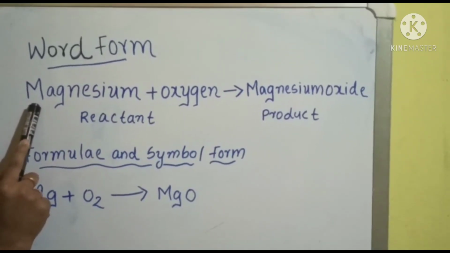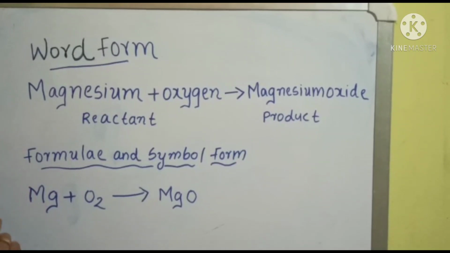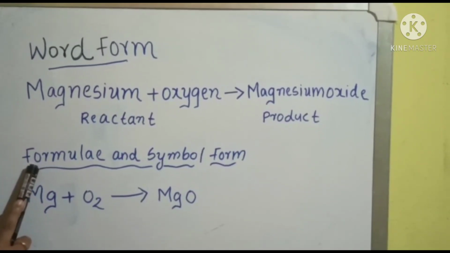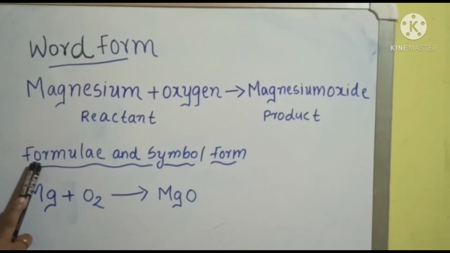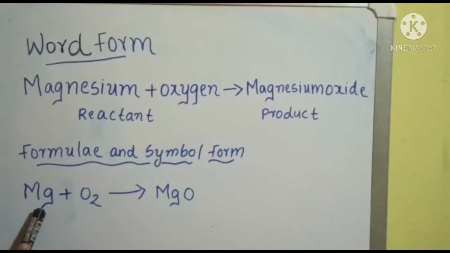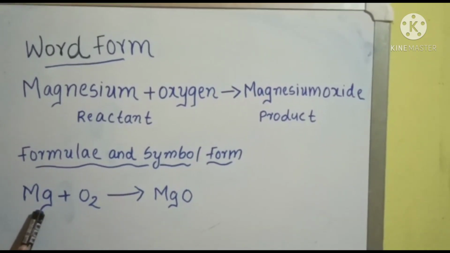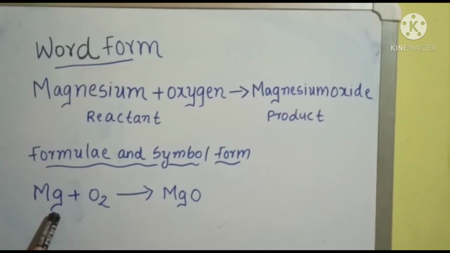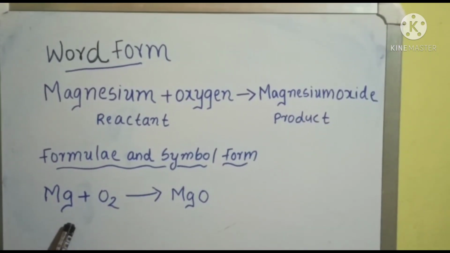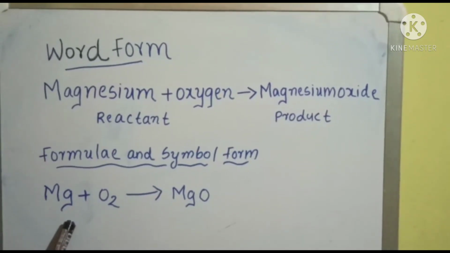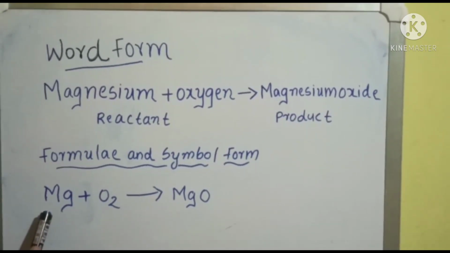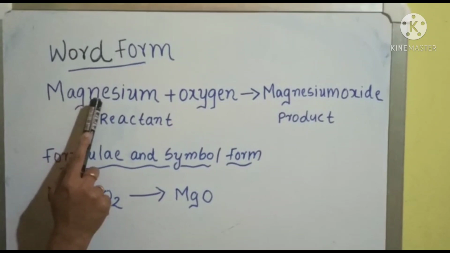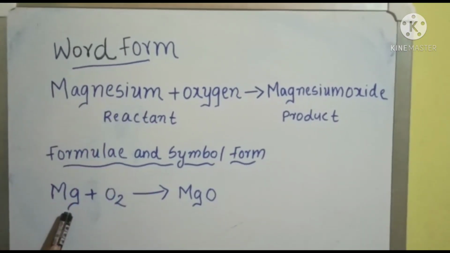Thus we use another representation, that is, formulae and symbol form. Here the reaction is written in the form of formulae or symbols. It is called the chemical equation. Here magnesium is written as Mg.